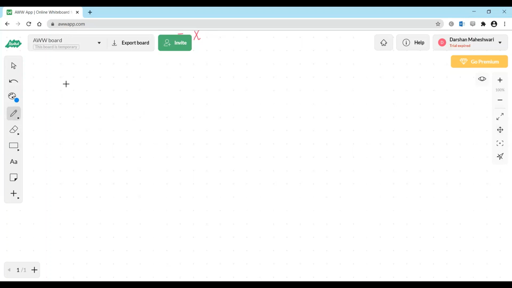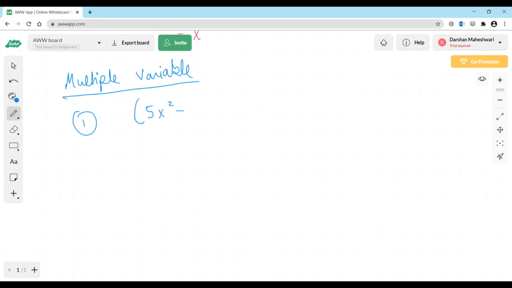Okay, let's do some operations with multiple variables. The first one is 5x square plus y square, times 2x plus 3y. When we talk about this, we'll do the same procedure.